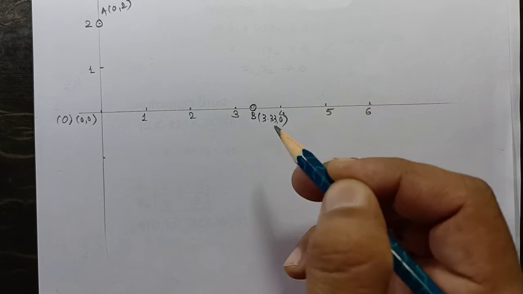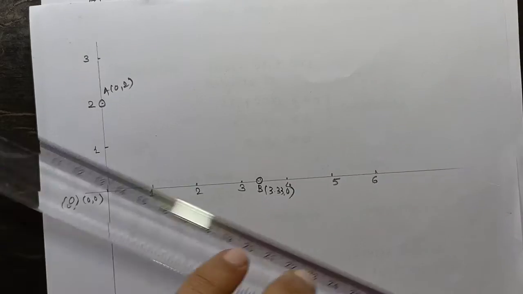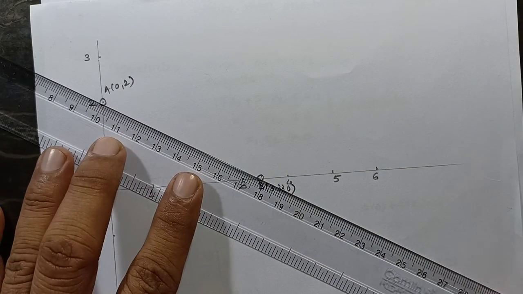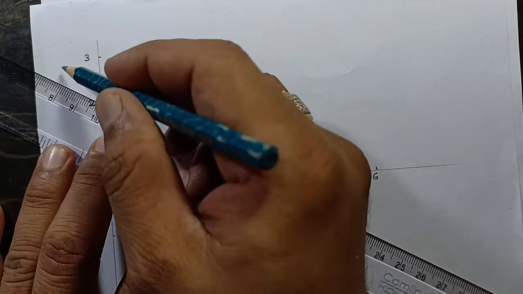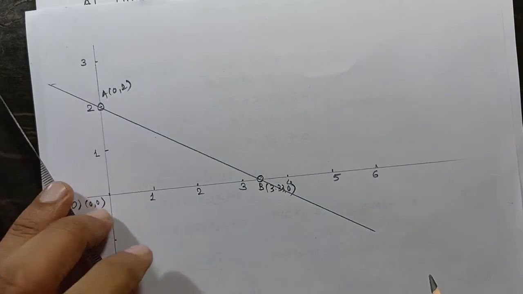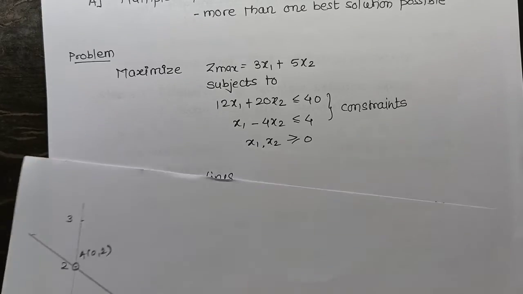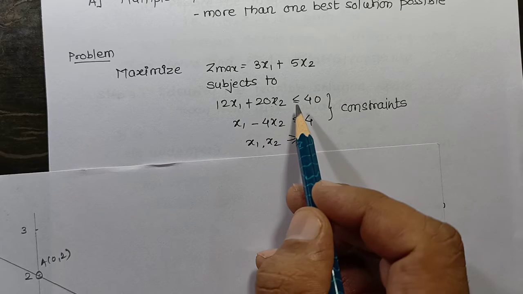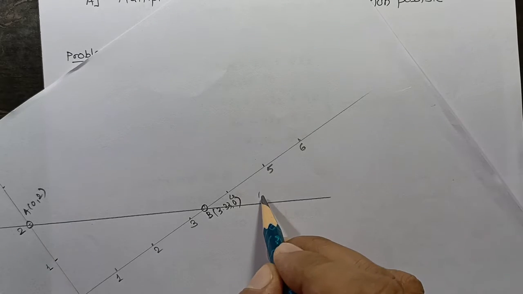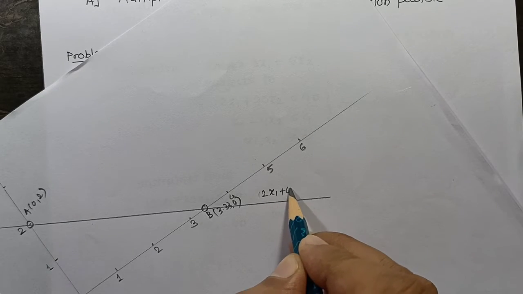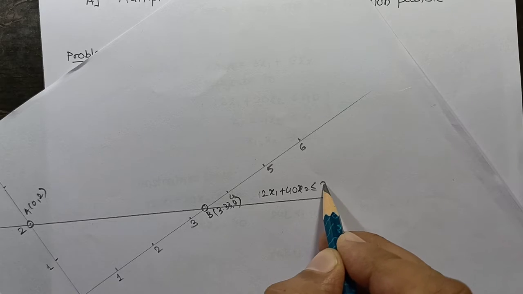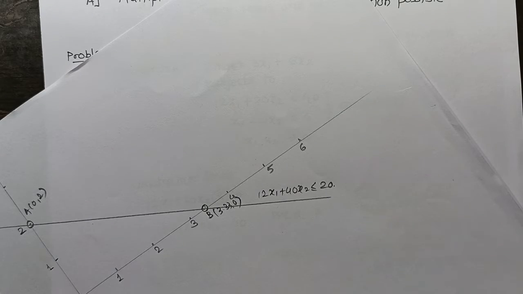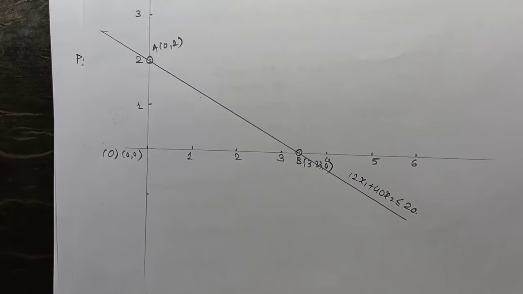I am going to draw a straight line passing through both these points like this, and this is my constraint line 12x1 plus 20x2 less than or equal to 40. Okay, so this is my first line.